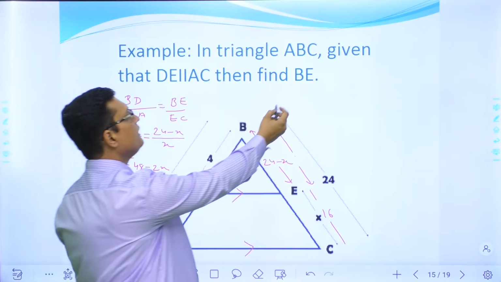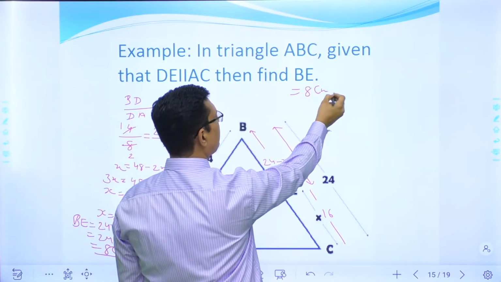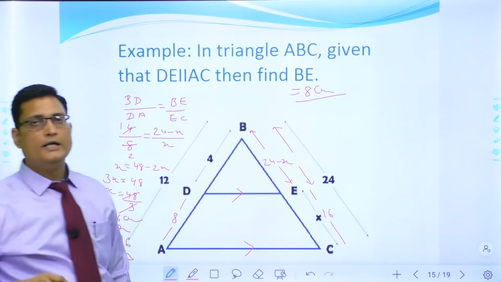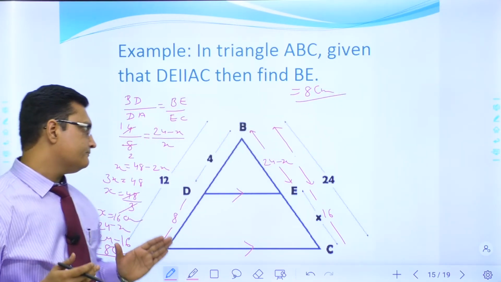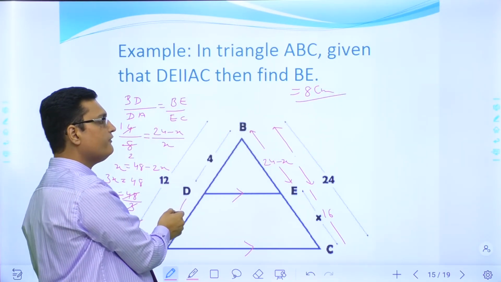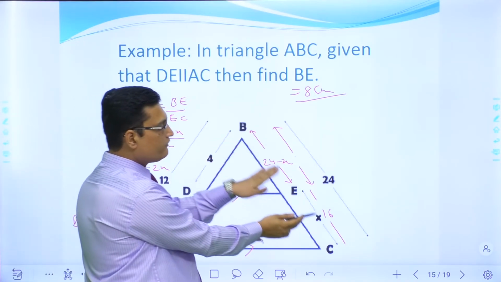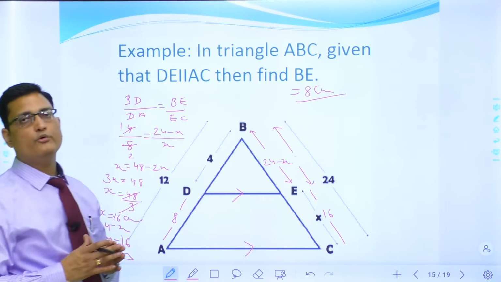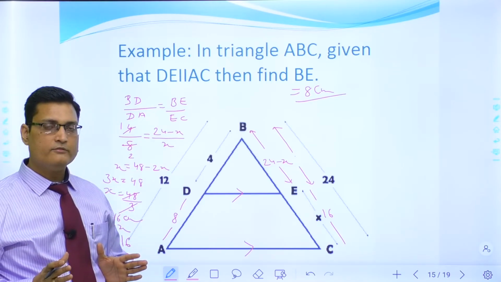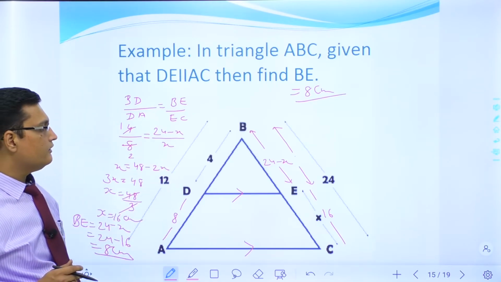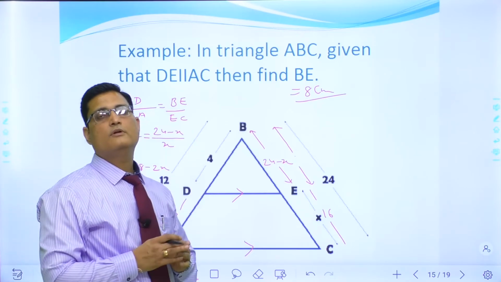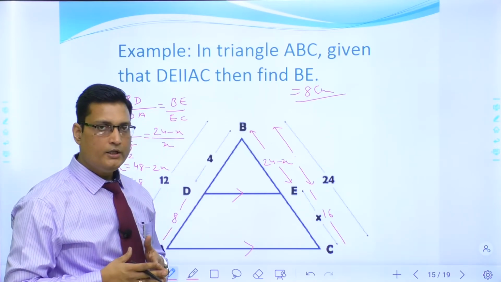So your BE answer is 8 centimeter. Another way of checking: 4 upon 8 is giving you 1 upon 2, and 8 upon 16 is also giving you 1 upon 2. So the ratio is the same in this case. So this is a question based on the basic proportionality theorem.